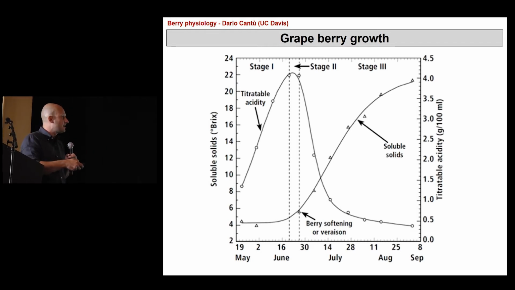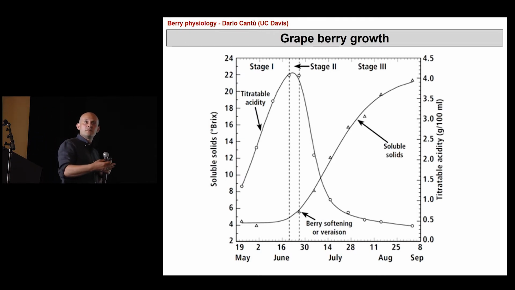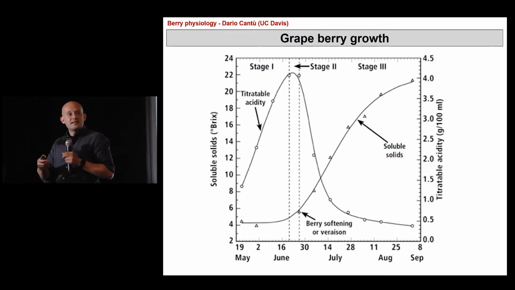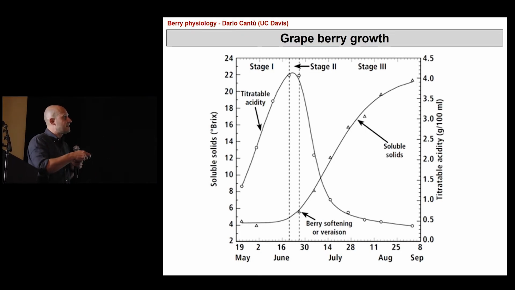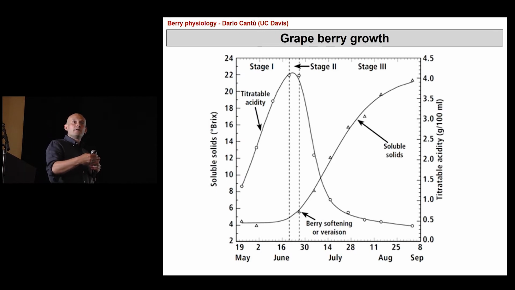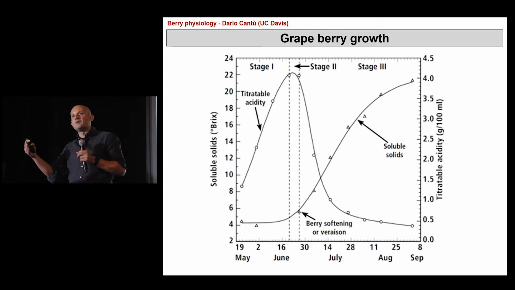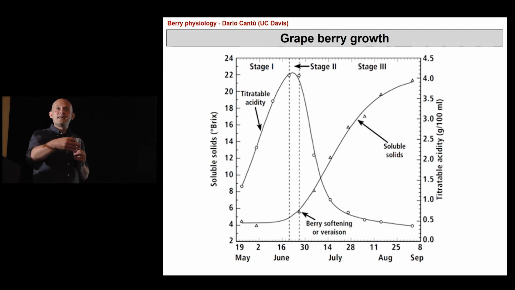Here is just a summary slide, which I think is very representative, at least of the primary metabolism of the berry. Here we are in stage 1 and stage 2. In stage 1 and stage 2 we increase acidity, we accumulate malic acid, we accumulate tartaric acid. Then something happens in those berries. At stage 2 we stop making tartaric acid, we start using malic acid.